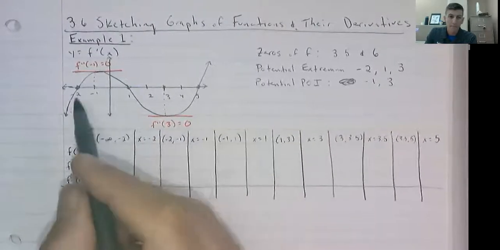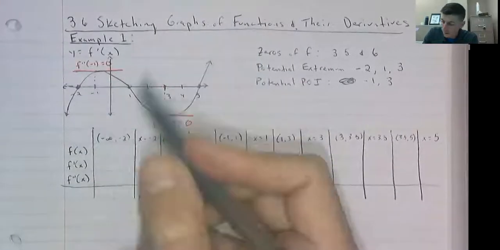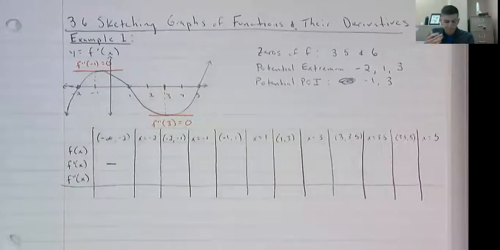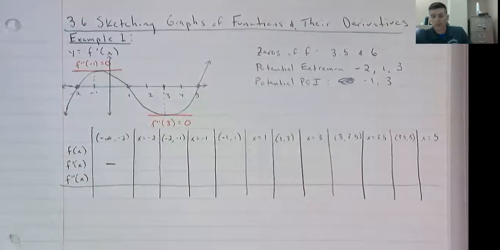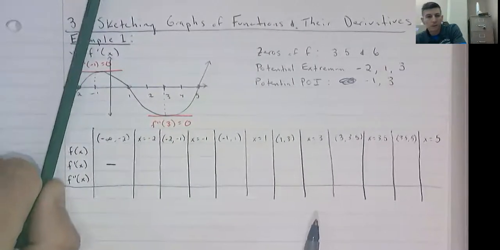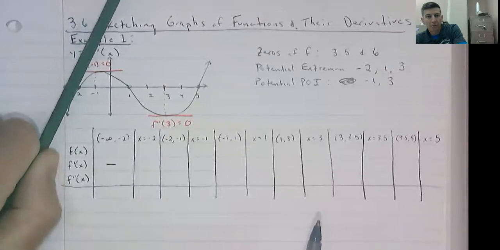F prime we know is below the x-axis, so f is decreasing. For f double prime, and this is where our surfboard might be helpful, the derivative of the derivative looks pretty positive to me.